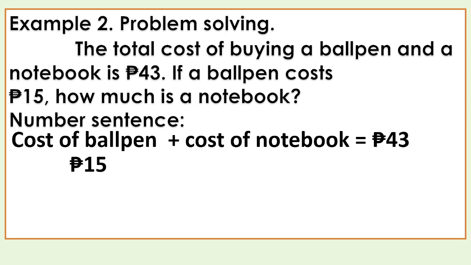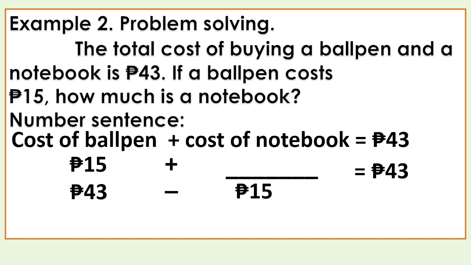So the cost of ball pen is 15 pesos plus cost of notebook equals 43 pesos. So we are going to write 43 pesos minus 15 pesos equals 28 pesos. So the answer is 28 pesos.